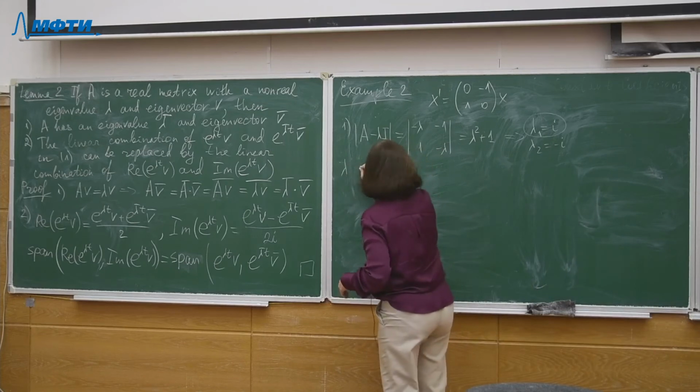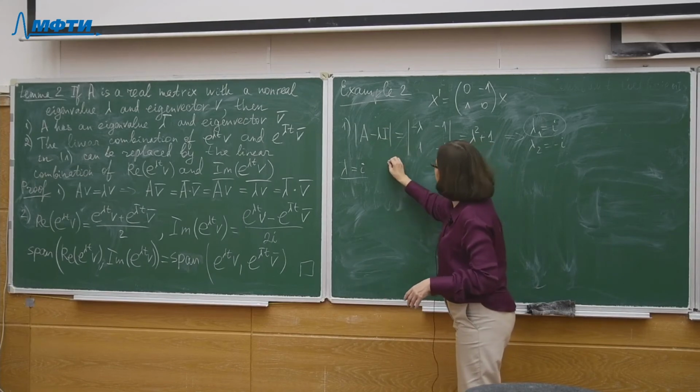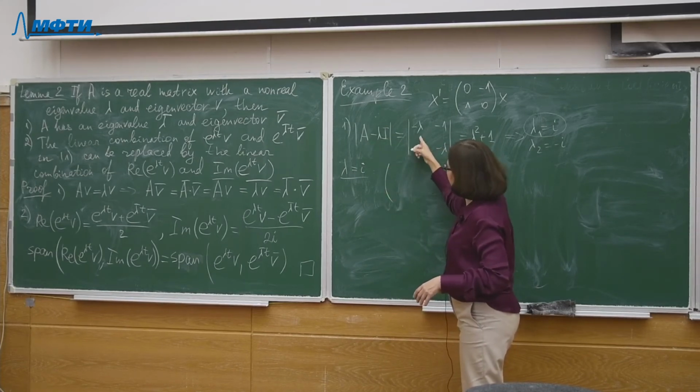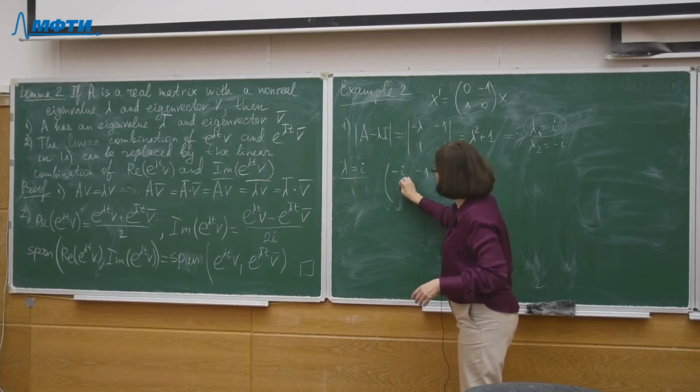So for this eigenvalue, we have the following matrix. Substitute i for λ, and we will get this.